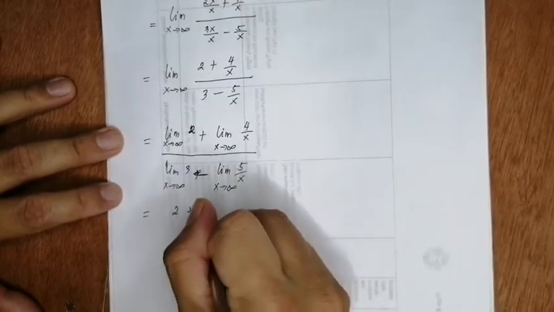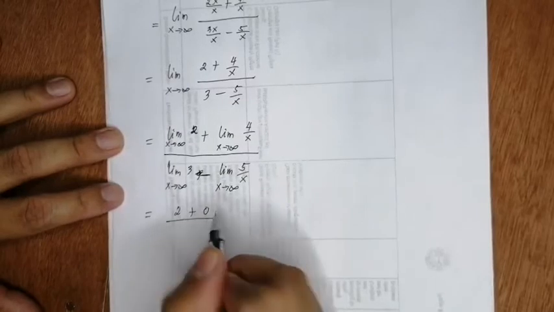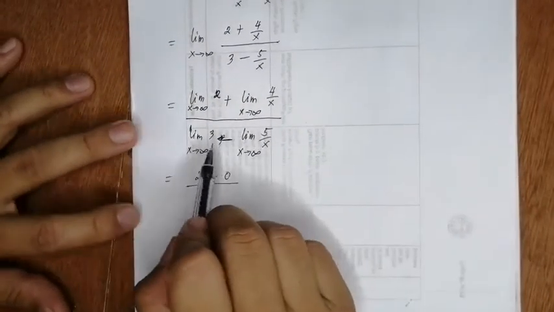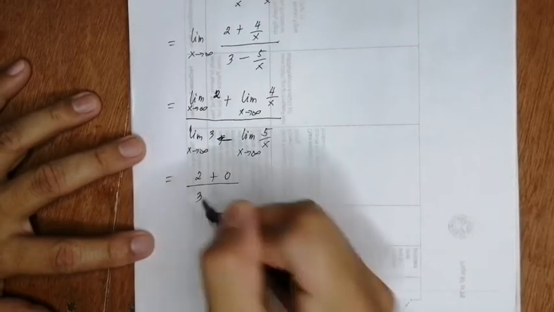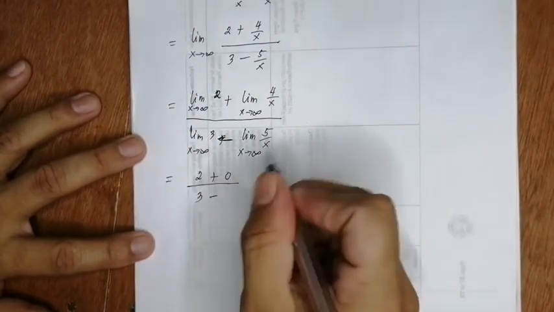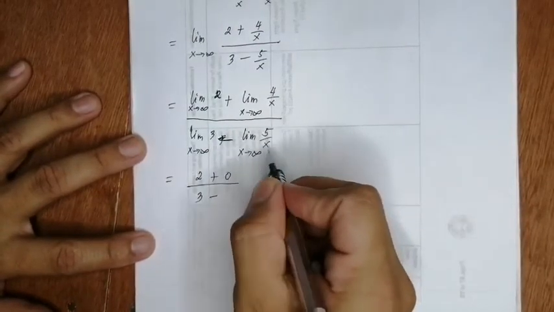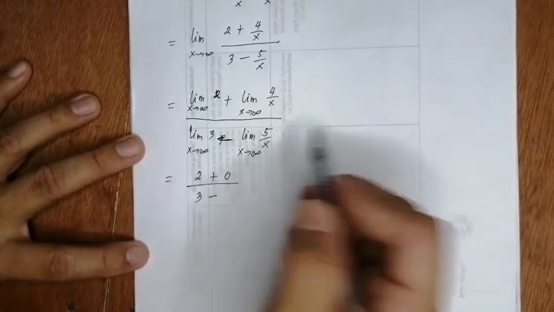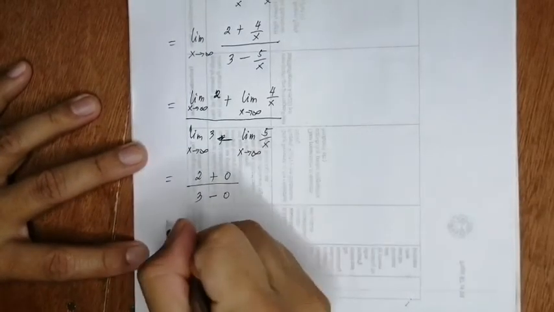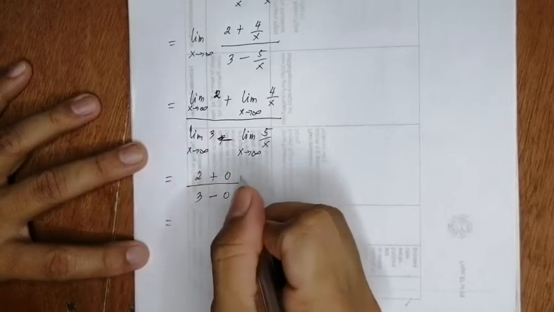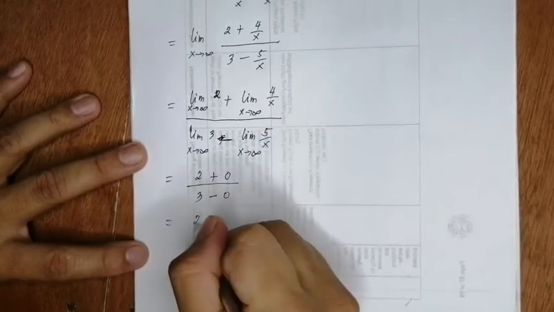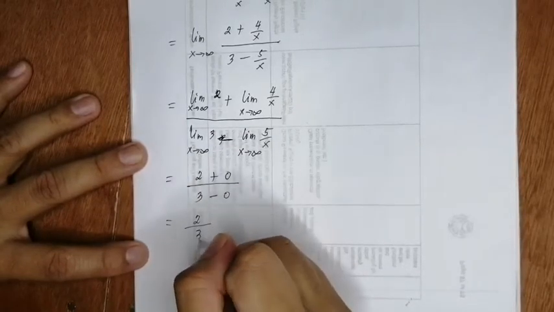So, ibig sabihin, this will become 2 plus 0 over. Itong part naman na to, sa baba, limit of a constant is constant din, minus, this will become 0. 5 over very large number will be 0. So, therefore, we have 2 plus 0 is 2. 3 minus 0 is 3.